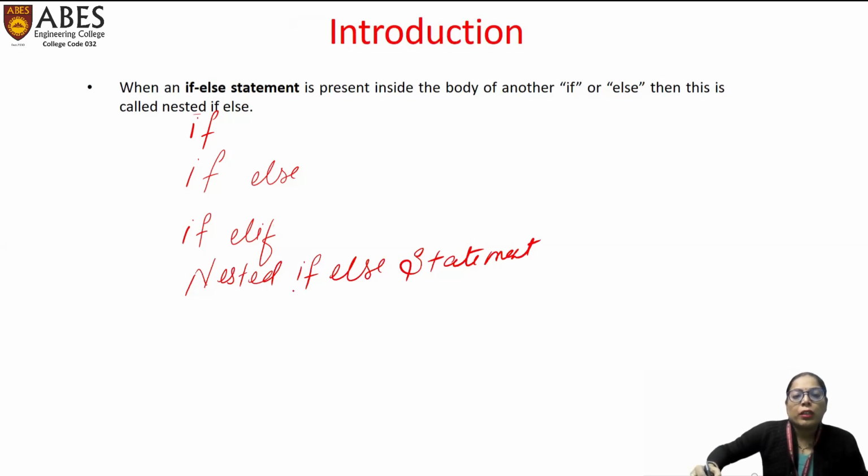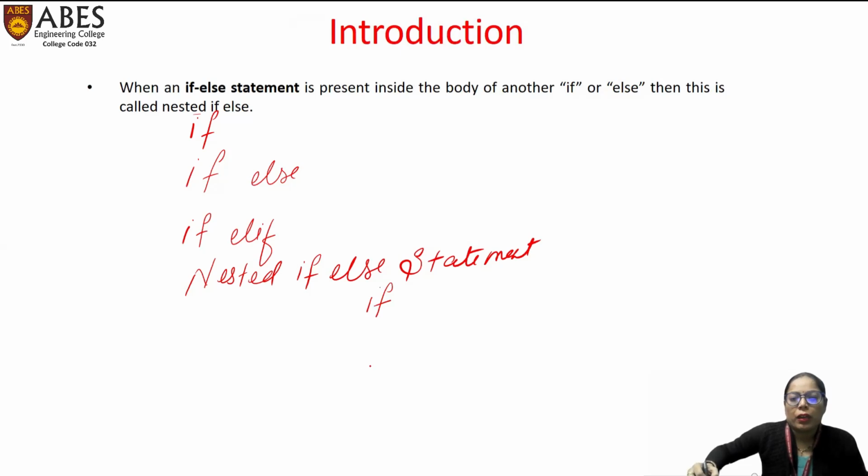Now, the nested if-else statement is also an extension, or you can say part, of the if-else statement. What happens in this case is that if one if-else statement is present inside another if-else statement, that is called a nested if-else statement.